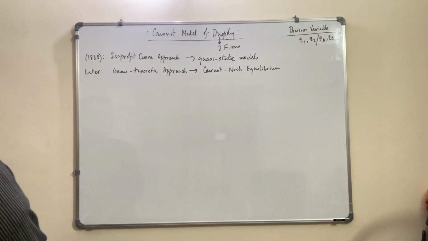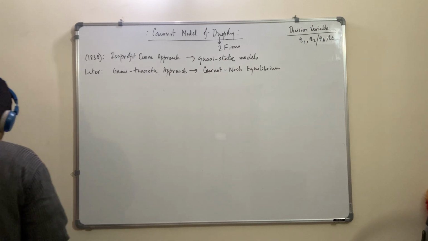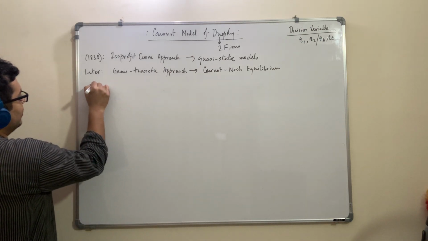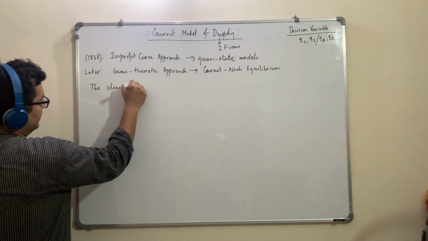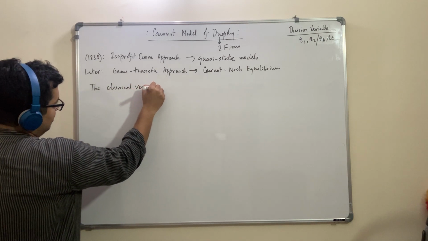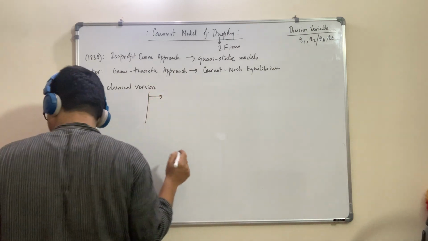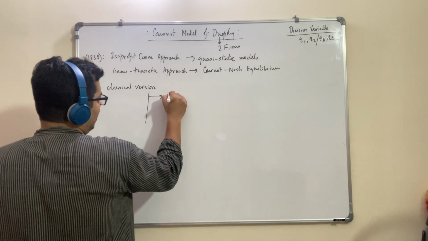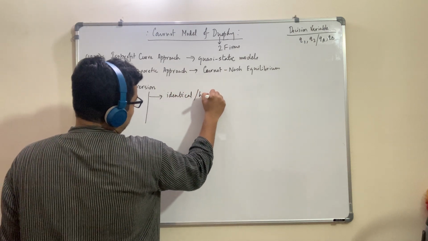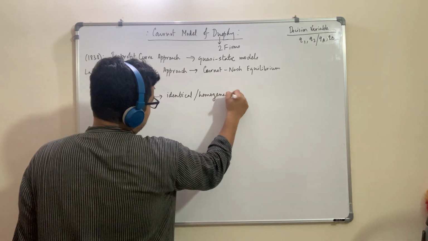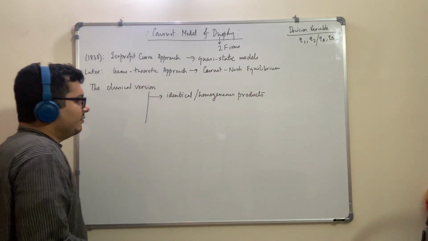First, we will start with the classical version, so to say, which is the isoprofit curve approach. The classical version can be dealt with in two approaches. One is identical or homogeneous products. As far as the model is concerned, it doesn't create any problem.